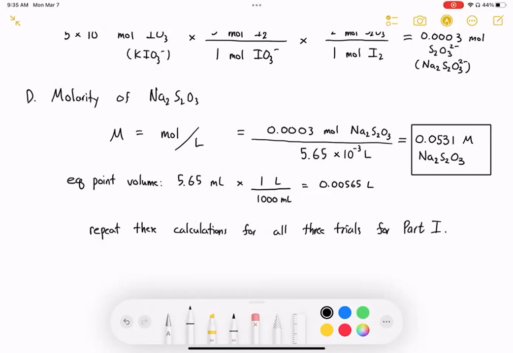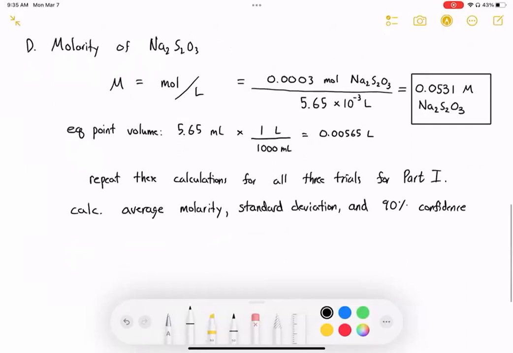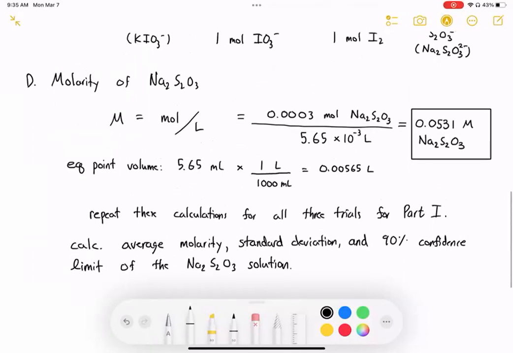Then calculate the average molarity, standard deviation, and 90% confidence limit of the sodium thiosulfate solution. So we're going to calculate all those values here.